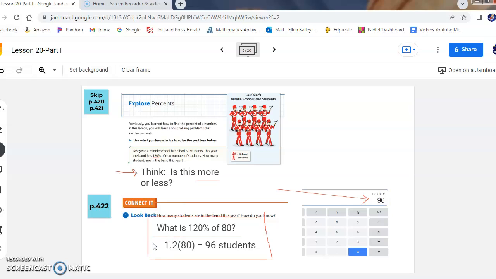The way we've been doing that in the calculator is changing the percent to a decimal, so that becomes 1.2. Remember, of means to multiply, and then we're multiplying by 80, so 1.2 times 80 gives you 96. The correct answer is 96 students, and that should make sense if you're thinking about it.